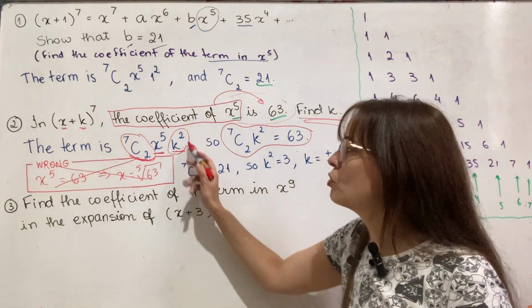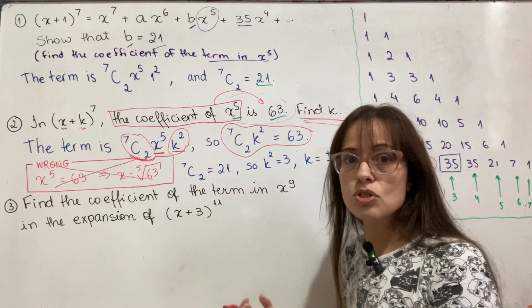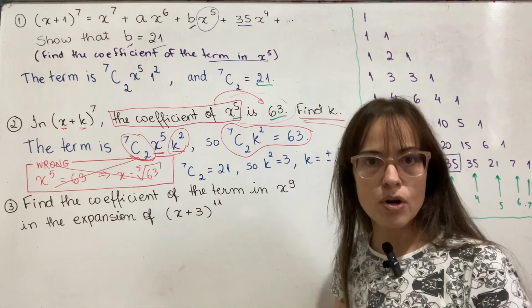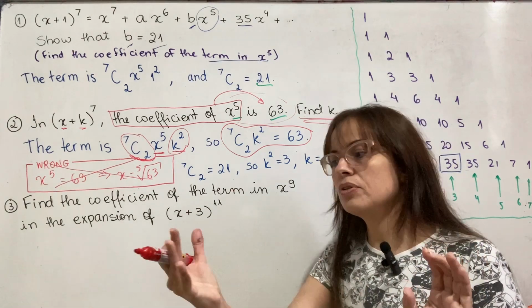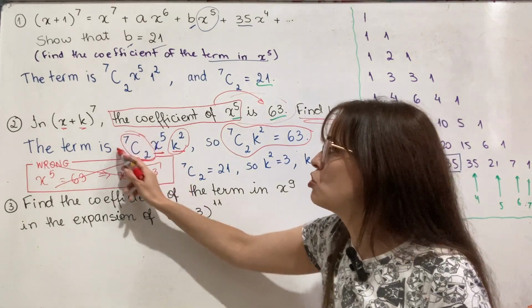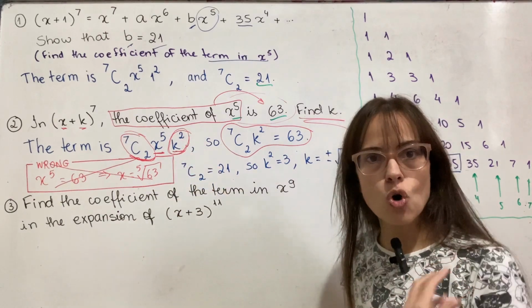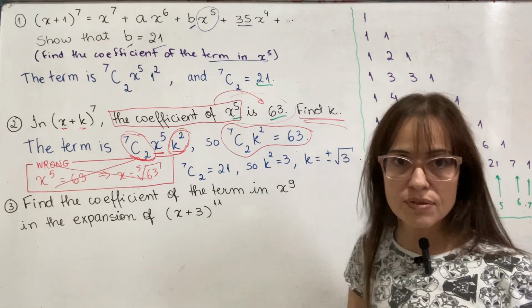So we wrote all of these 3 parts, but in this particular case for this question, only the middle part included a variable, which was x. The 2 parts, the one on the left and the one on the right, were numbers. So 7 choose 2 is a number, and k squared in this case is also a number because k is not a variable, it is a value.